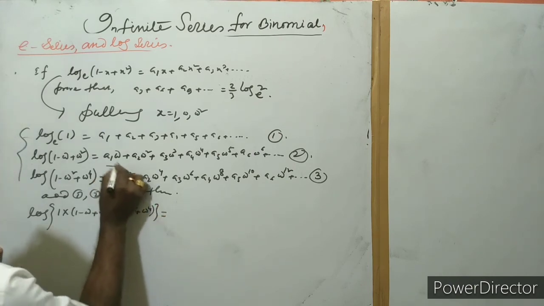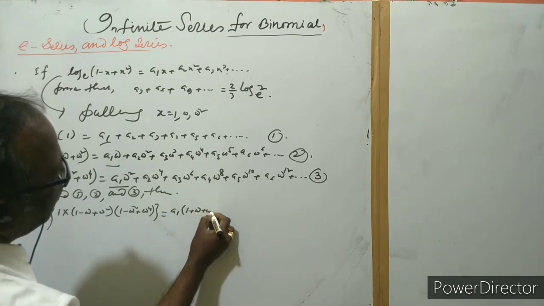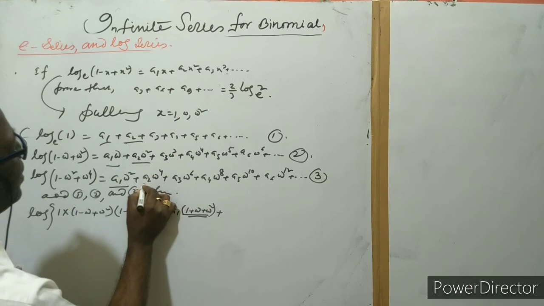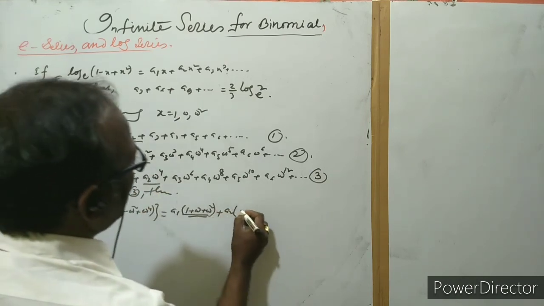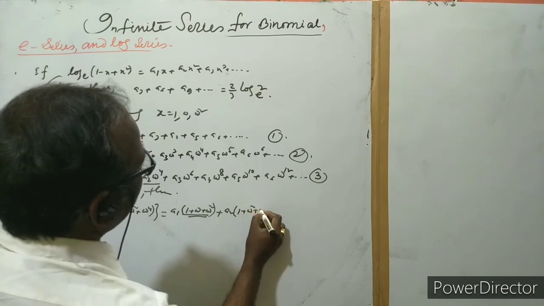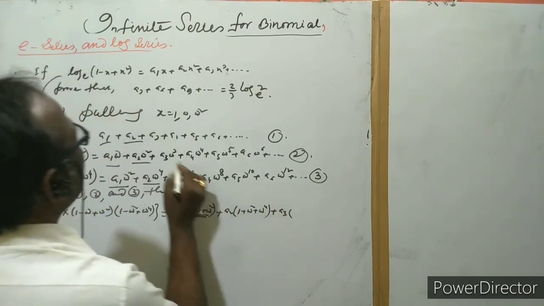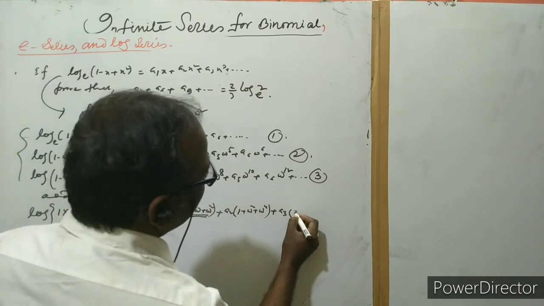And if we add these 3, then we get here a1 within the bracket 1 plus omega plus omega square. You know this is 0 here. If we add these 3, and this is a2, then we get there 1, omega square and omega to the power 4. And a3 is this 3, this is cube and this is also cube. So this is there 3.